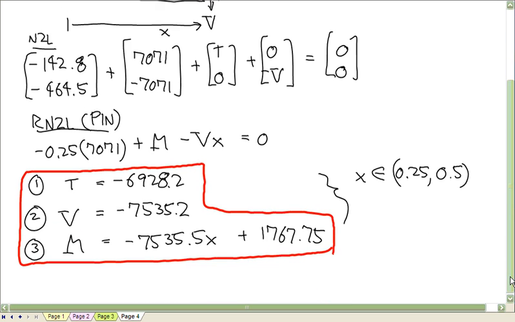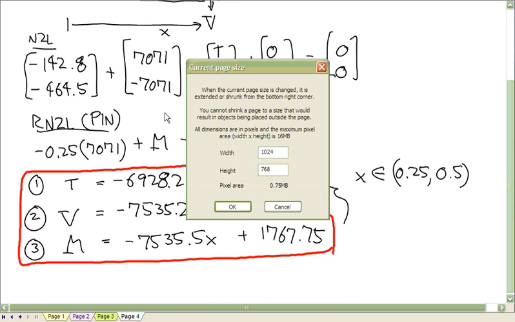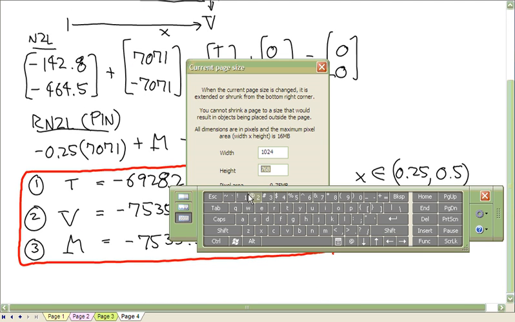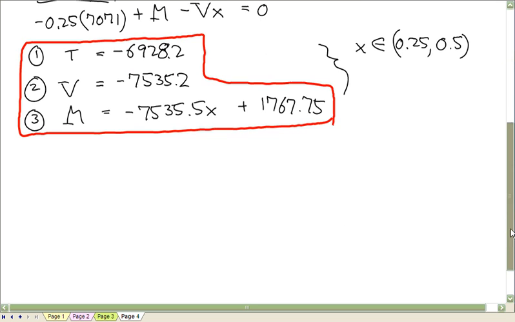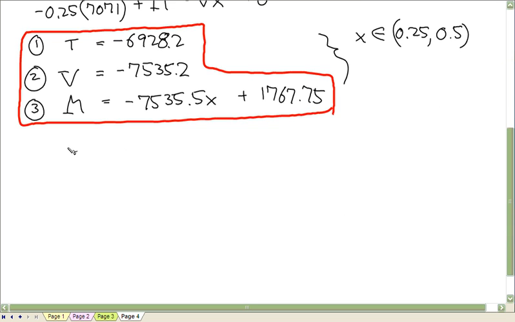Also, I want to stop and ask a question here. What if I'd chosen as my free body diagram, instead of going all the way from the left, I chose to start at 0.25.